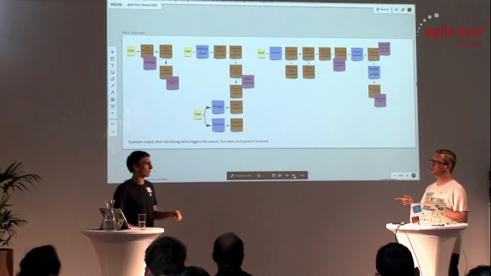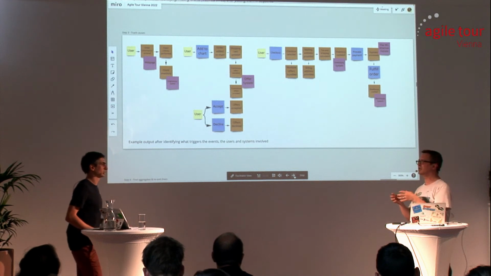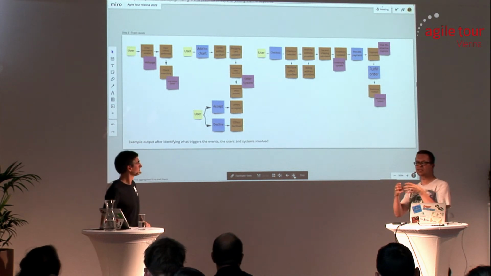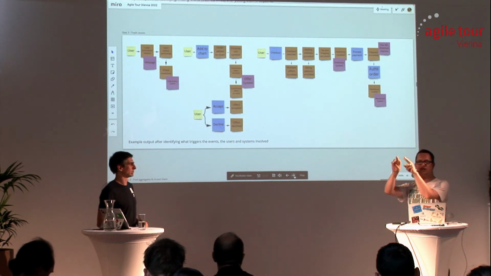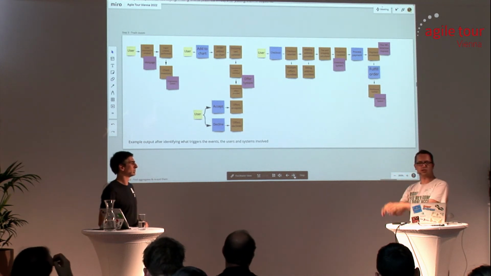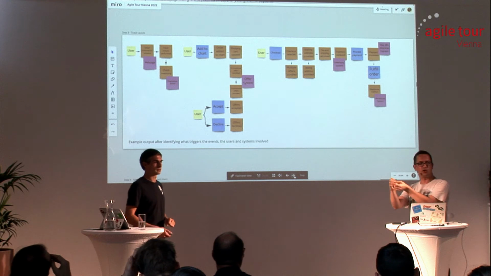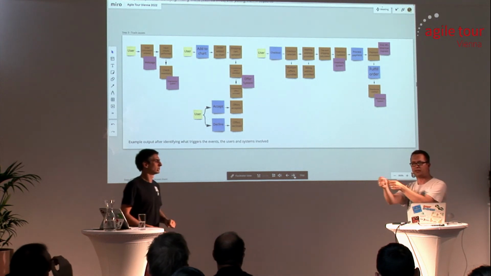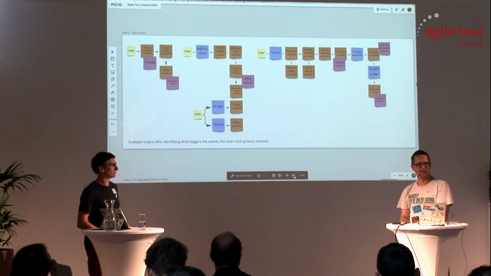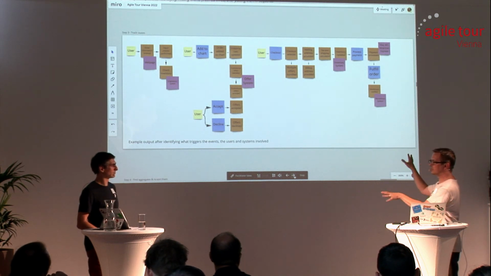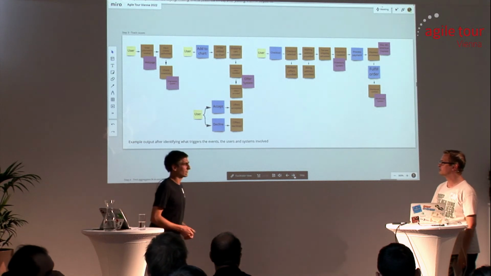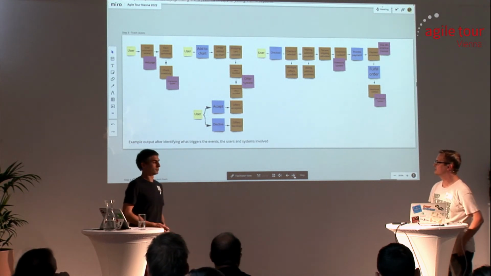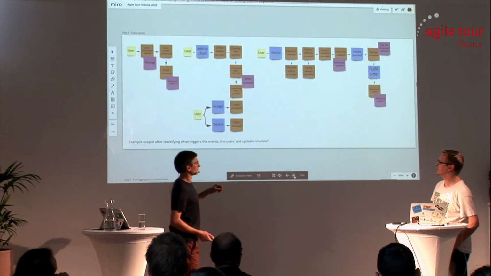Because you are comparing it to the storytelling, I would like to point out that in the storytelling, we typically look at the IT as one thing, because we intentionally don't want to dig into what is happening inside of the system and jump into solution design. Whereas here, it seems to be rather the goal to do that and find out what is happening inside of parts of the system.